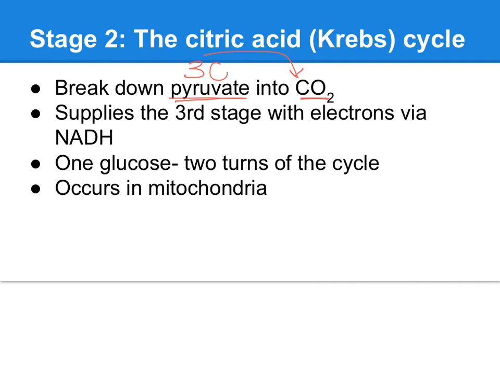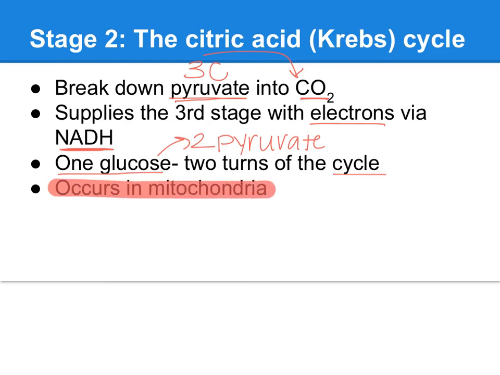We're also going to give more electrons via NADH again. Since we broke down the 1 glucose into 2 pyruvates, we're going to go through the cycle twice for 1 glucose, since we have 2 molecules that came from it. And this is going to occur in the mitochondria. If you remember, mitochondria was our powerhouse of the cell and where the energy is coming from. This is the energy you were talking about earlier in October.